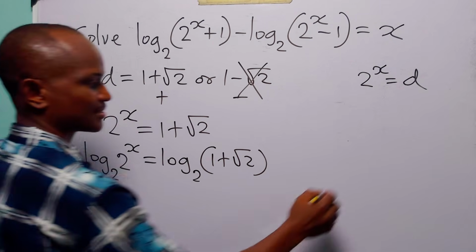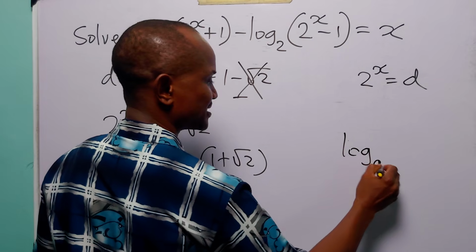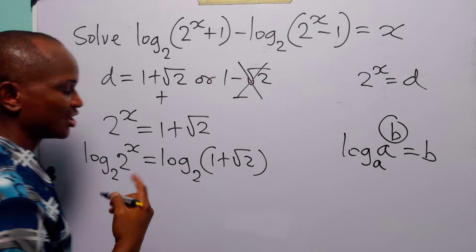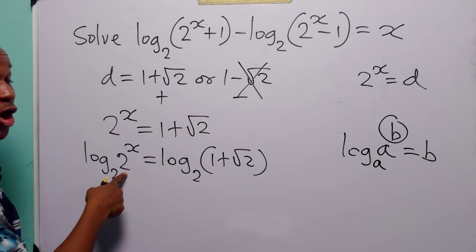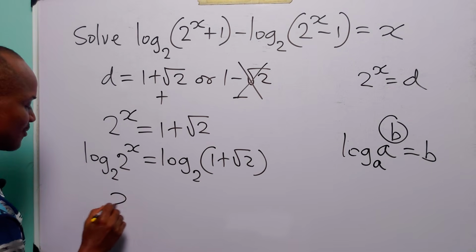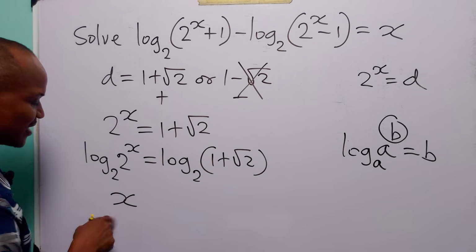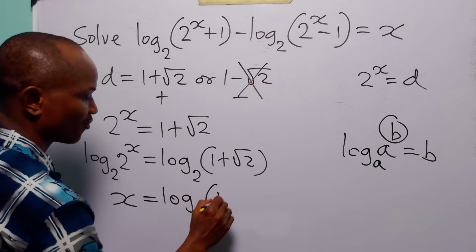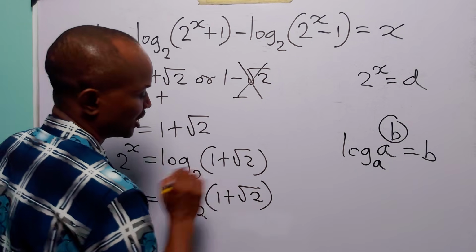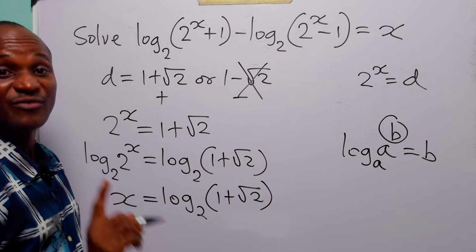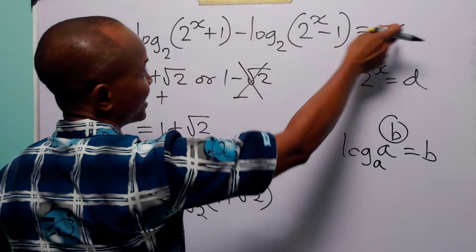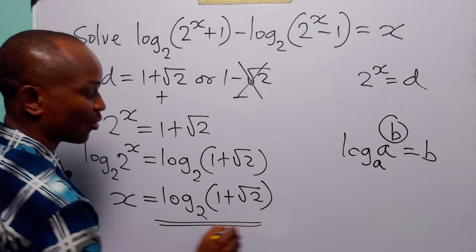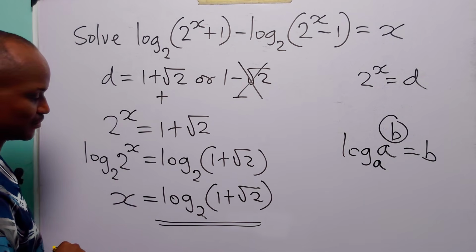Now, let us remember that log base a of a to the power b is equal to b. So that means that log base 2 of 2 to the power x is equal to x. So we have that x is equal to log base 2 of (1 plus root 2). So the only value of x that satisfies this logarithmic equation is log base 2 of (1 plus root 2).